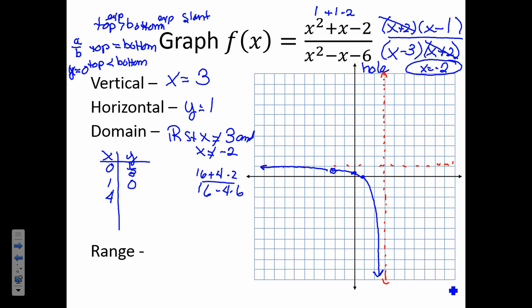So 18 over 16 minus 10, 9/3, which is, or 9/2, which is 4.5. 3, sorry, duh, 3.